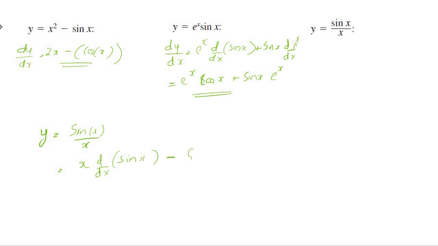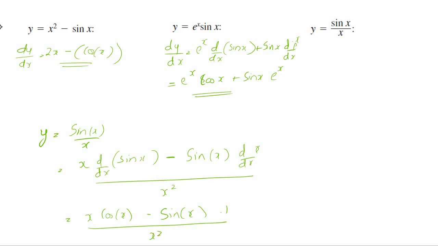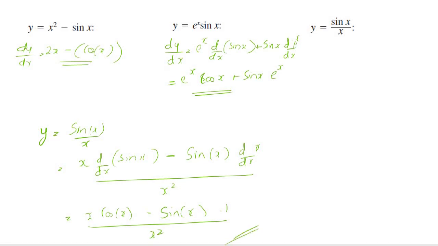Then we say sin x, that's the numerator, times differentiation of x, over x squared. So we know this is 1, so we'll write x times cos x minus sin x times 1 over x squared. So that's the answer for that.